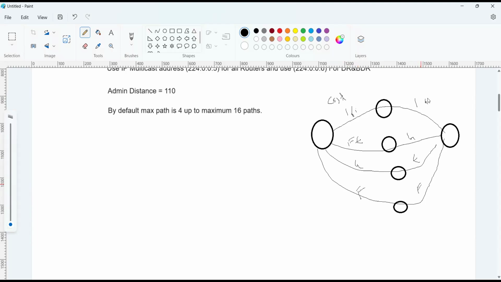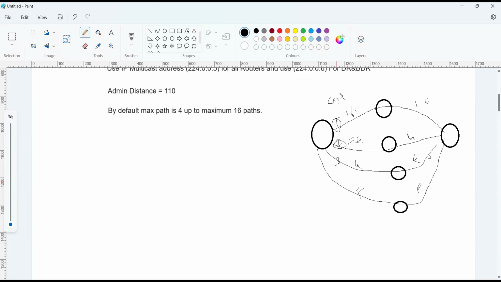Based on the calculation of cost, the best path will be elected. So the first preferable path is this one, the second preferable path is this one, and the third preferable path is this one, because here we have a gig link.